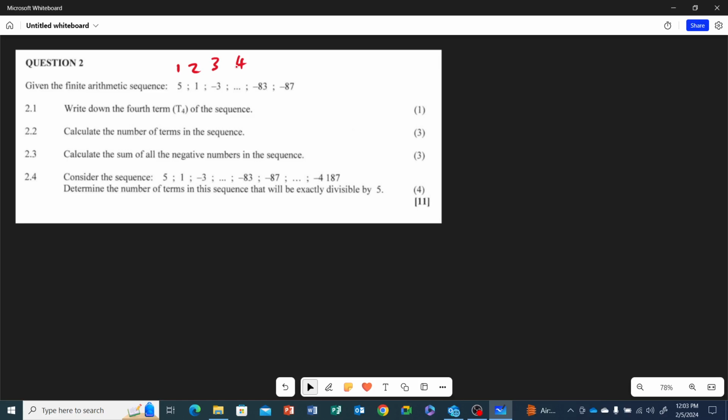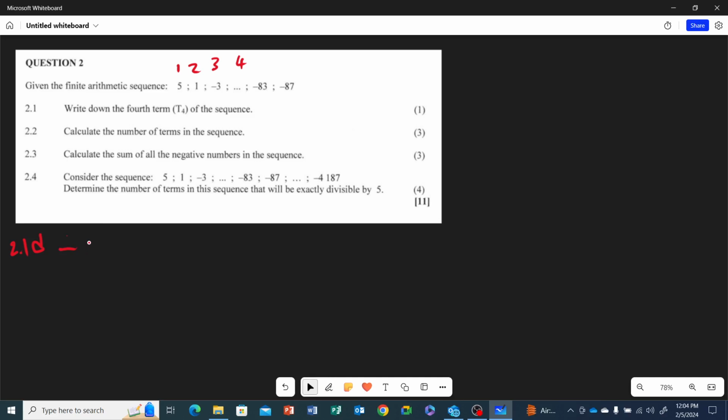Now an arithmetic sequence is a sequence whereby the difference between all numbers is the same. So if you want D, by the way, I'm solving 2.1. If you want D, D is equal to 1 minus 5. Okay, my network is experiencing problems.